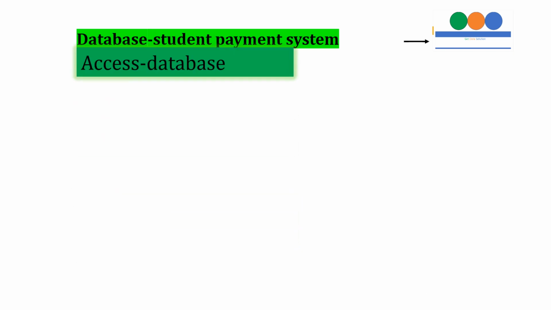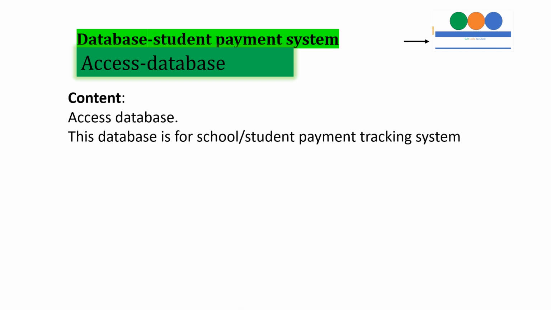Coming to today's topic, which is the database for tracking student payment system, which we have used Access database for. This database is for a school or student payment tracking system. It can be used for other data types as well, for example, for a sales database.